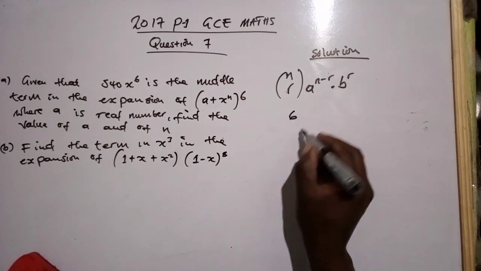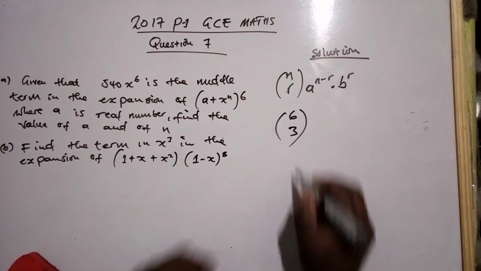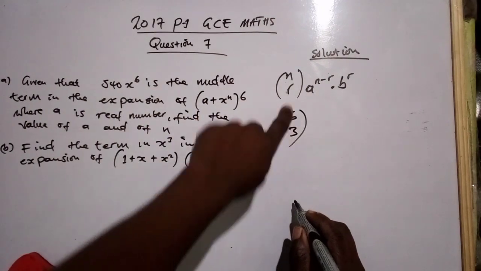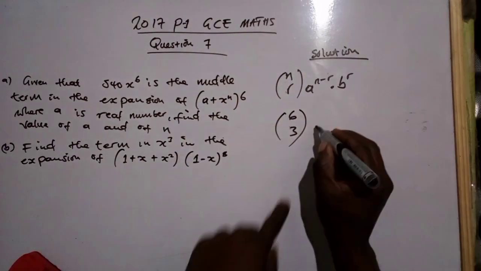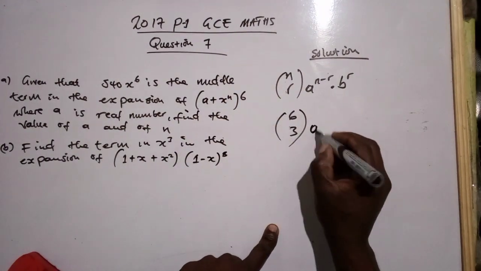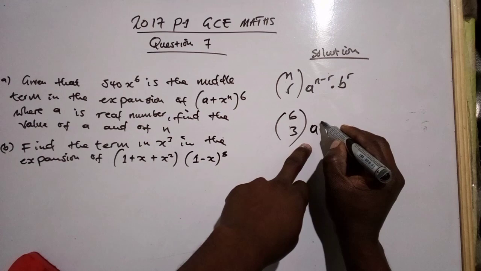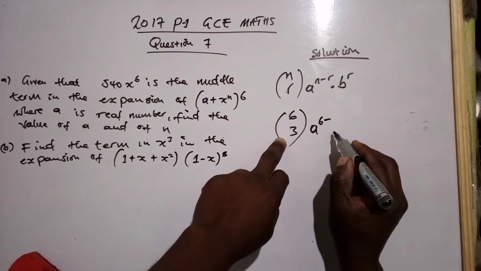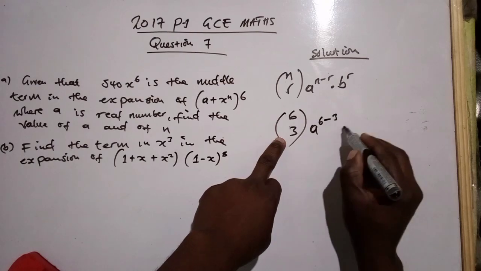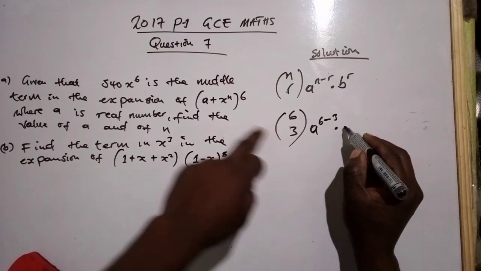So r is 3 and n is 6, which does not change. Then you multiply by a to the power n, which is 6, minus r, which is 3.